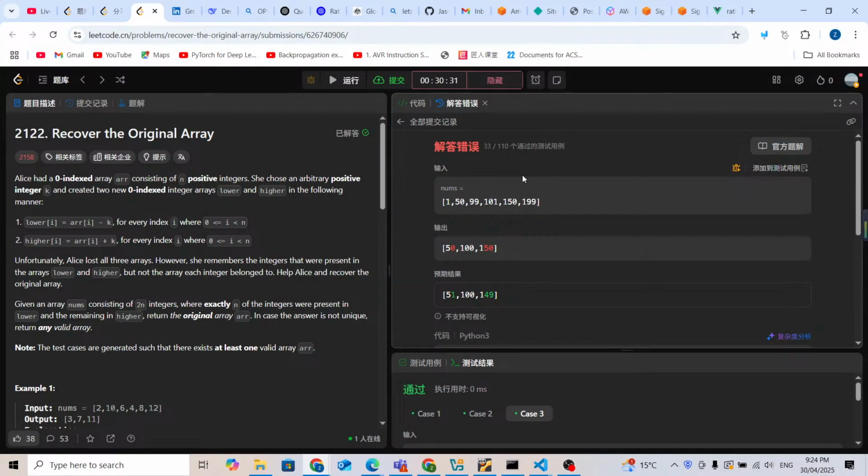Yeah, it didn't pass for some testing case. Let me check. This is 50, 100. It should be 51.